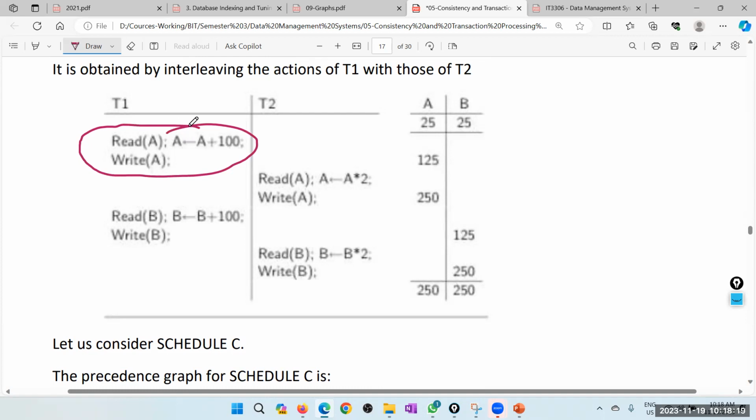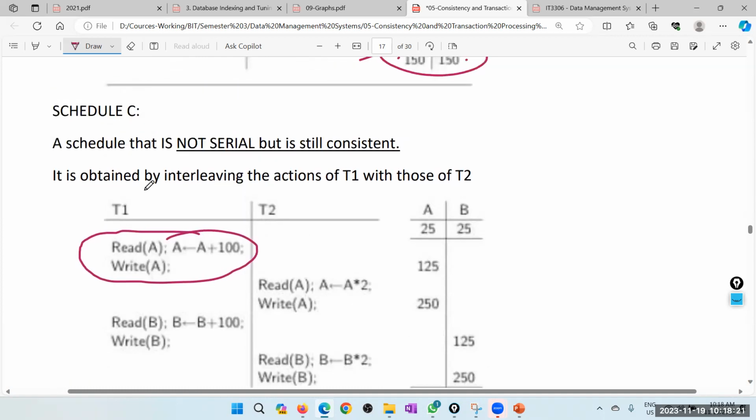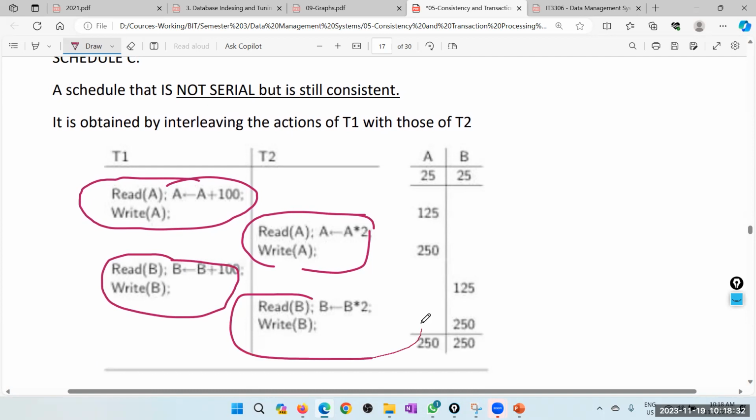So we do the first task from the first transaction, then from the second transaction we do this, then from the first transaction we do this, and from the second transaction you do this. But remember that you can't change the order of these activities: first this, then this. You can't change that. That is invalid. But you can mix it.